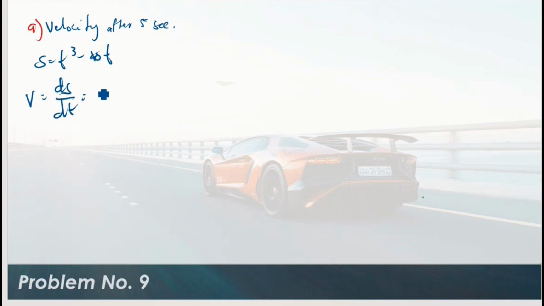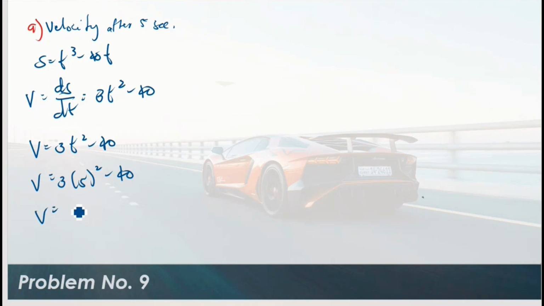So that is 3t squared minus 40. So v is equal to 3t squared minus 40. When t is equal to 5 seconds, 3 multiplied by 5 squared minus 40, v is equal to 75 minus 40, or 35 feet per second. So this is our answer to letter A. So we just used case number 1.